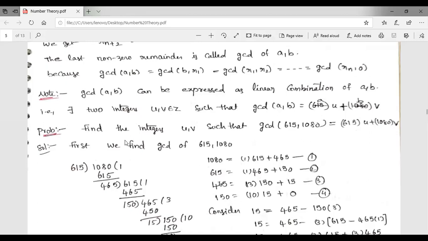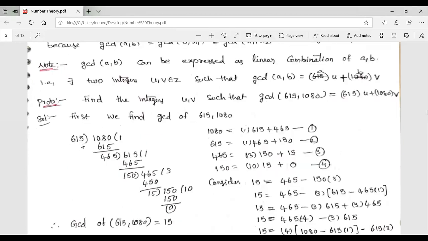First we find the GCD of 615 and 1080. 1080 divided by 615, quotient 1, remainder is 465. 615 divided by 465 gives remainder 150. 465 divided by 150 gives remainder 15, and 15 divides 150 with remainder 0.